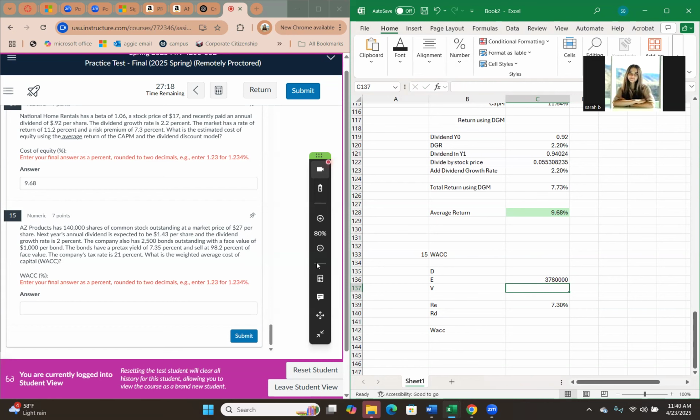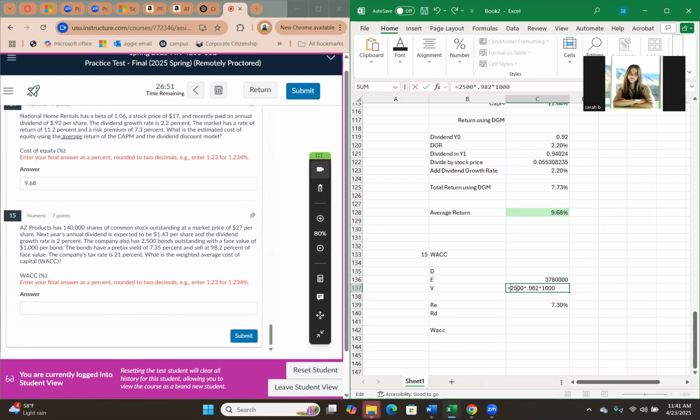And then we need to find the market value of debt, which is going to be the 2,500 bonds times 0.982, because they're selling for 98% of their face value, and then we're going to multiply by the face value. Does that make sense what I've done?